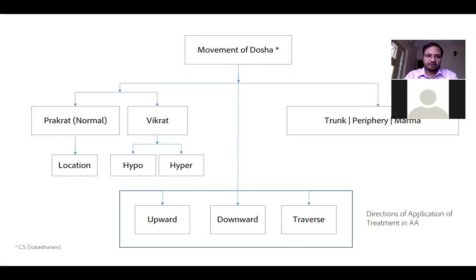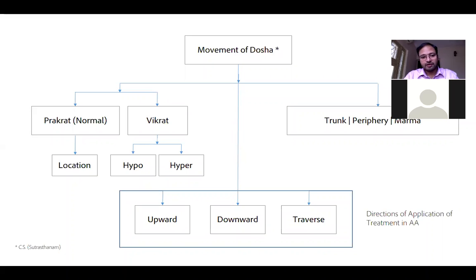And we see that the movement of dosha is of two kinds primarily. Leaving apart prakrit, or normal, which is the balanced state of dosha, that means Vata, Kapha, and Pitta are all in the balanced state. Whenever there is a vitiation of either Vata or Pitta or Kapha or a combination of the three, you have a condition that is called Vikrat. Now, Vikrat is possible of two kinds.